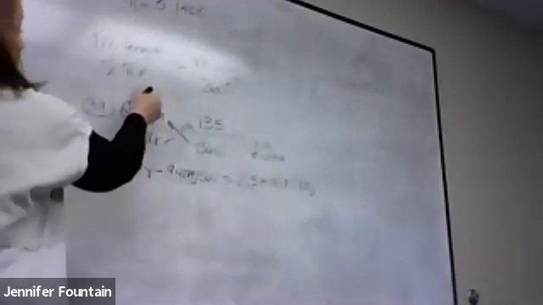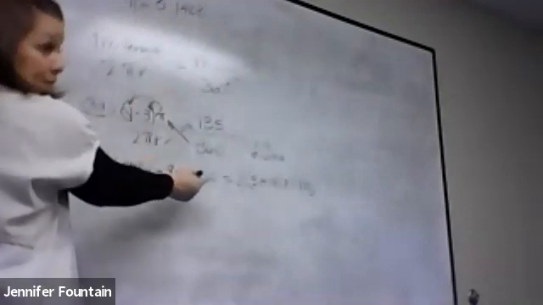I distributed pi first as a decimal, and that's how I ended up with these numbers. Then I'm cross multiplying 360.